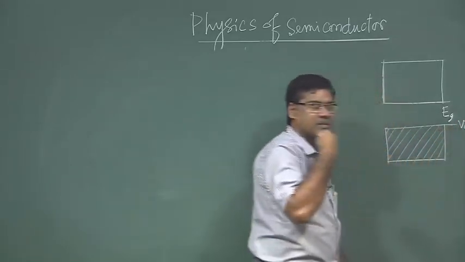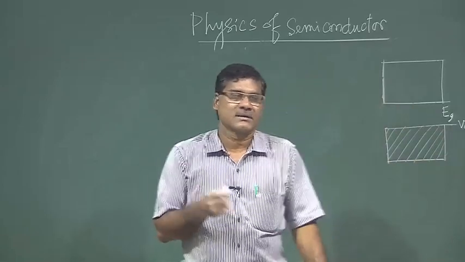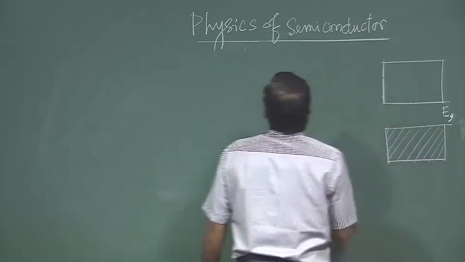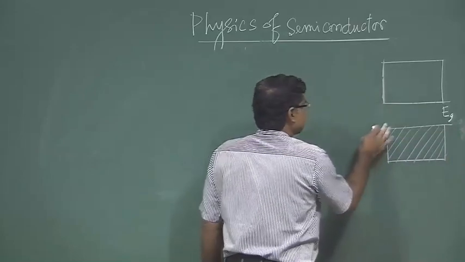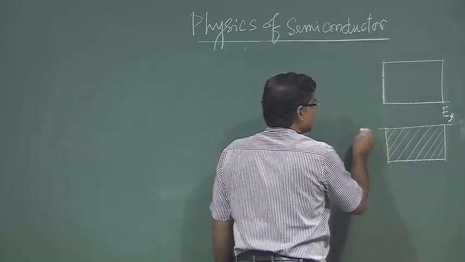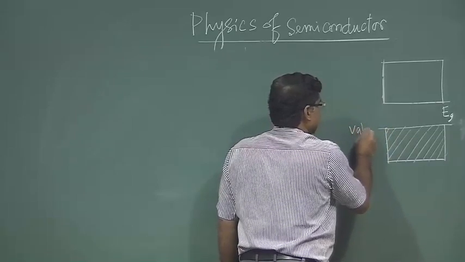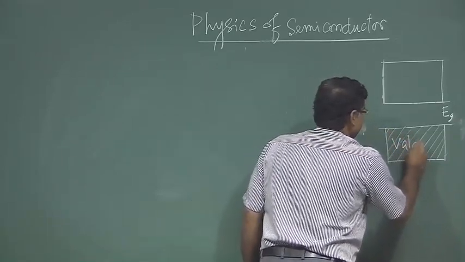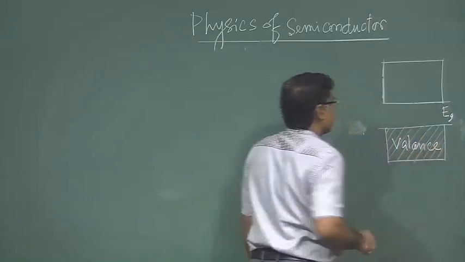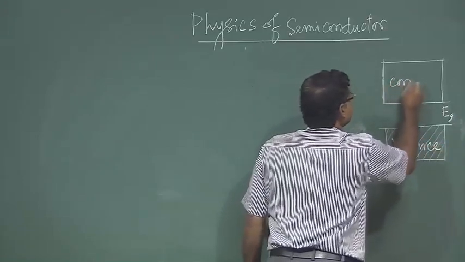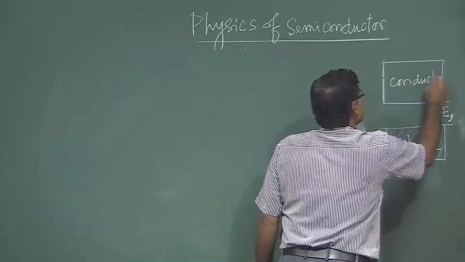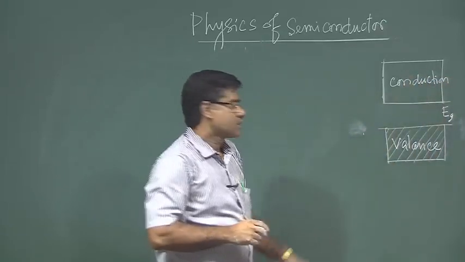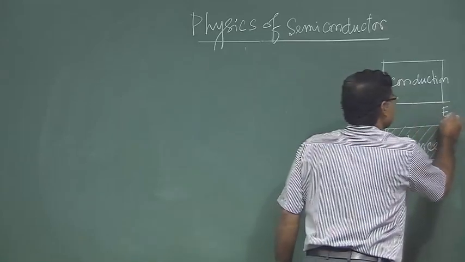So, now we will concentrate on the semiconductor. Okay. So, these are the valence band, these are the valence band, and these are the conduction band, right. So, Eg is here the band gap.